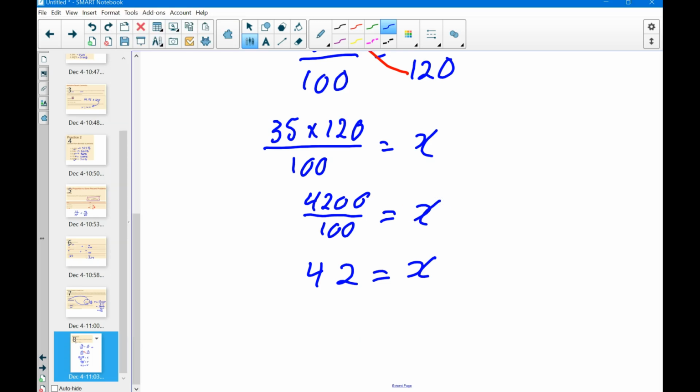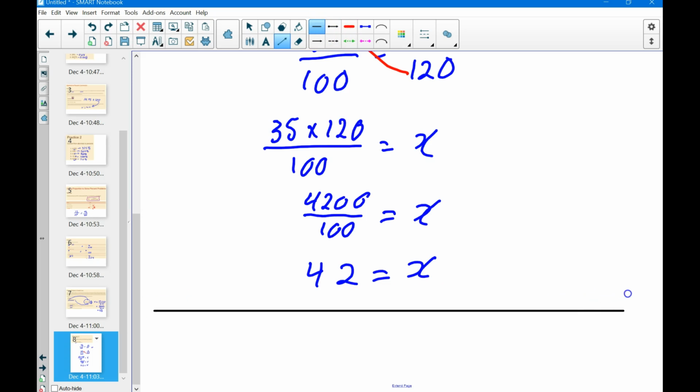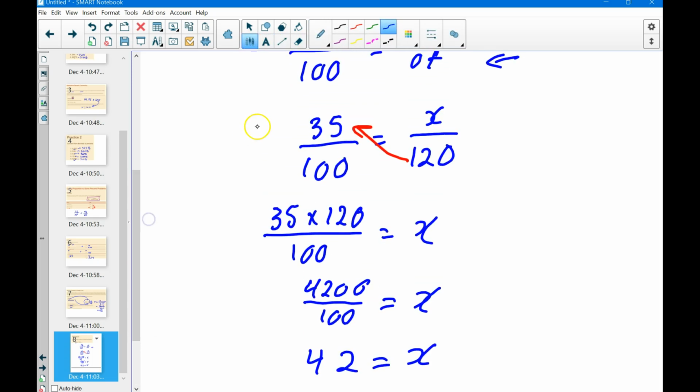But there's another way to do this, which is kind of simpler and easier if you want to try it this way. I'll just show you the shortcut way. So we're coming back to this part right here. We'll take this piece and start from here.